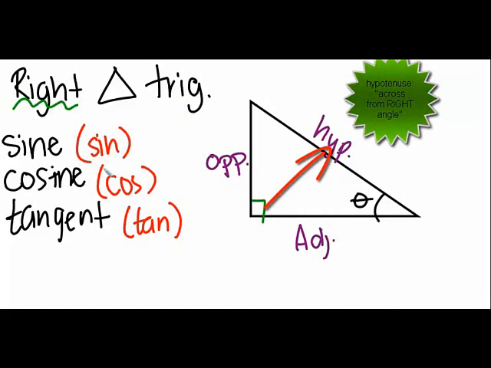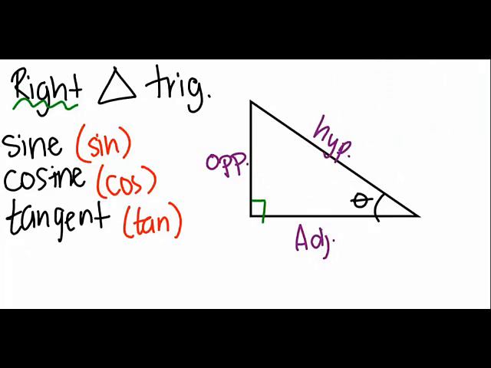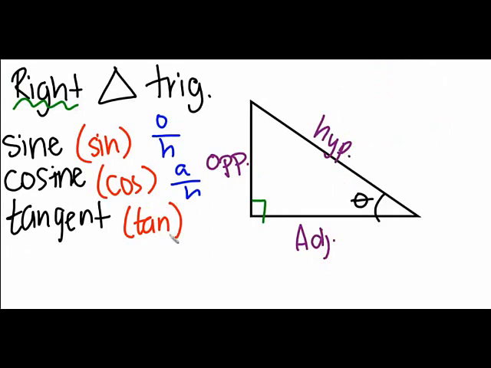Alright, so when we're talking about sine, cosine, and tangent, they are actually ratios of side lengths of the right triangle. The value for the sine of the angle is opposite over hypotenuse. The ratio for cosine is adjacent over hypotenuse, and the ratio for tangent is opposite over adjacent.